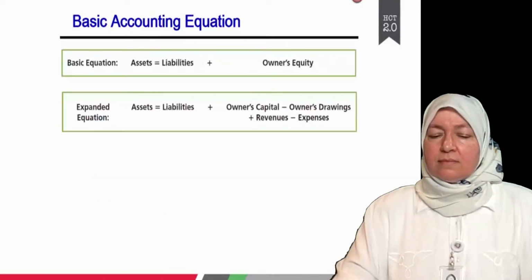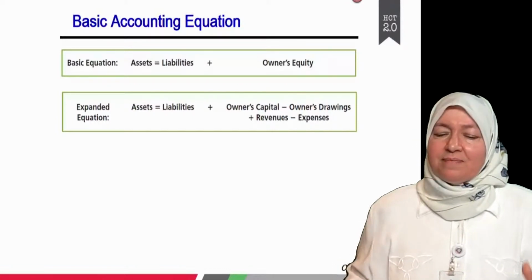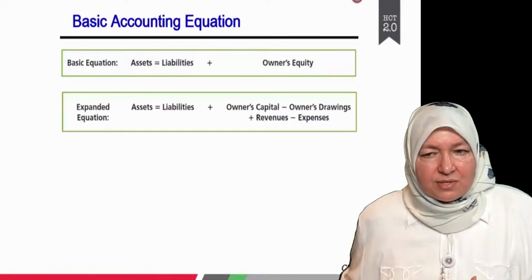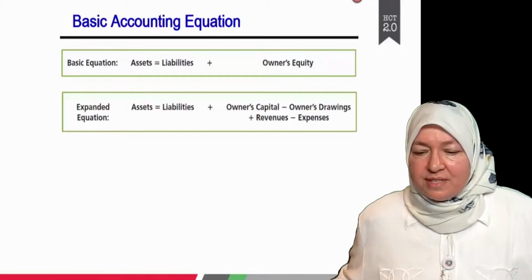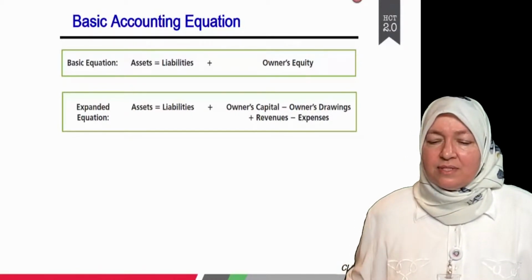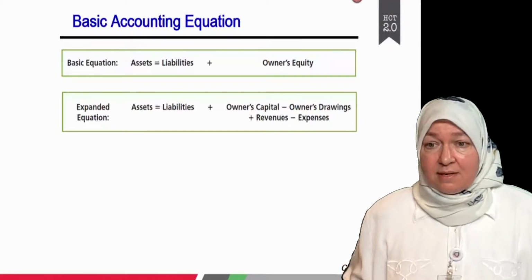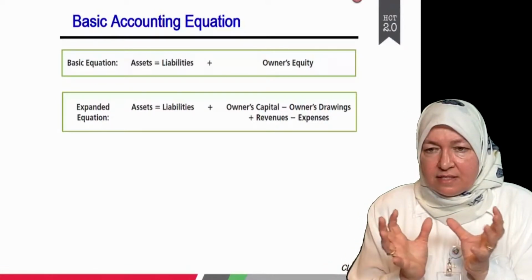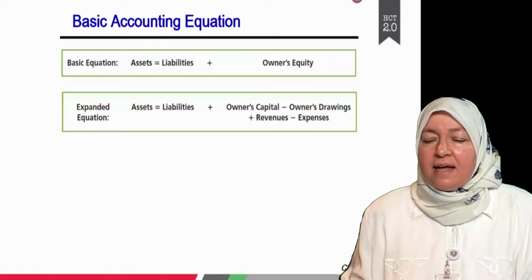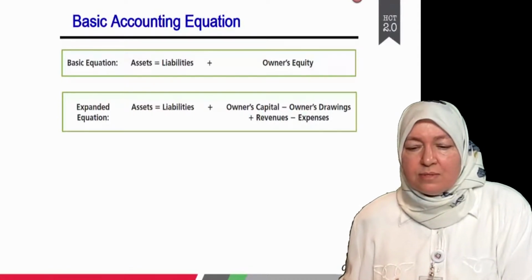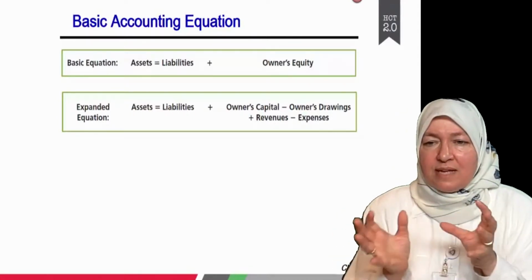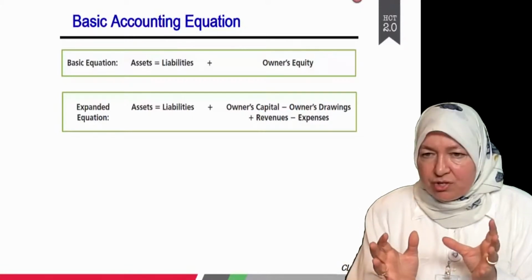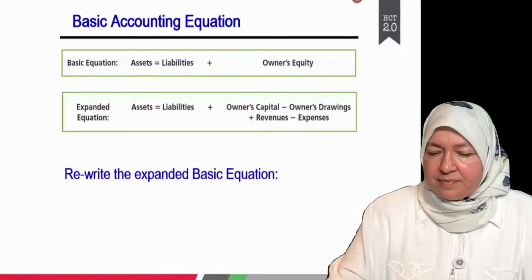So, once again, assets equals liabilities plus owner's equity. If we expand owner's equity, we have owner's equity equals owner's capital minus owner's drawings, which are activities by the owner himself, plus revenues minus expenses, which are the operations of the business.